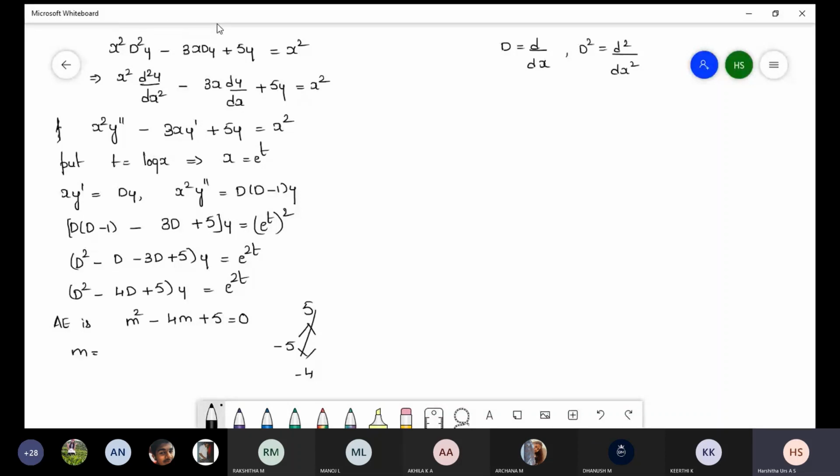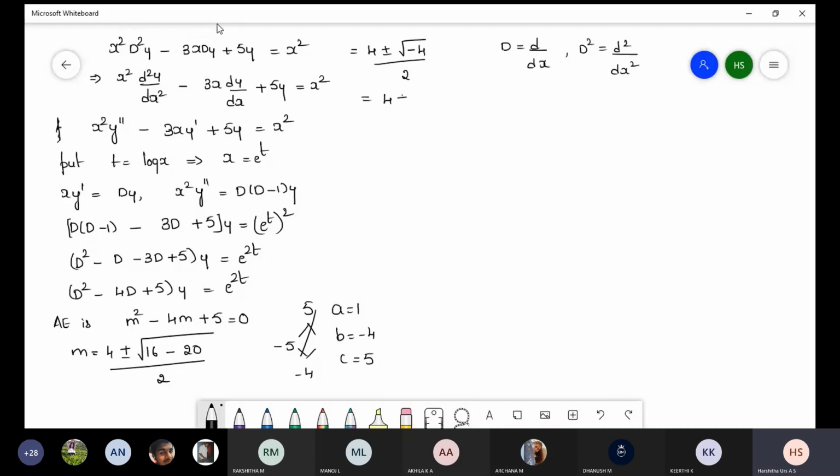So here I will write a is equal to 1, b is equal to minus 4, c is equal to 5. So 4 plus or minus root of 16, 4 fives are 20, divided by 2. So 4 plus or minus root of minus 4, because minus 20 plus 16.